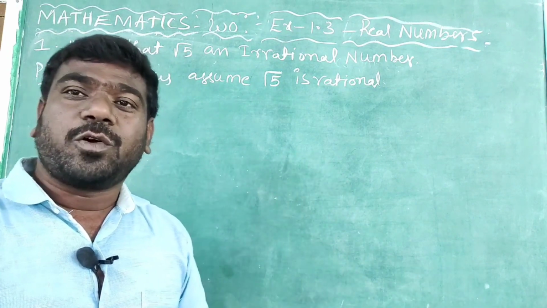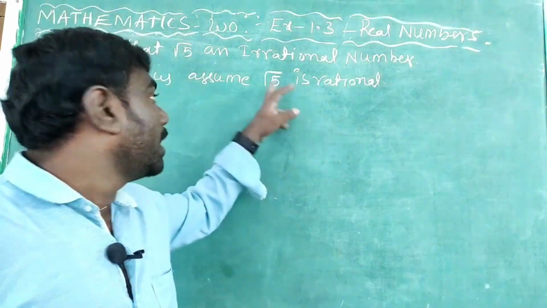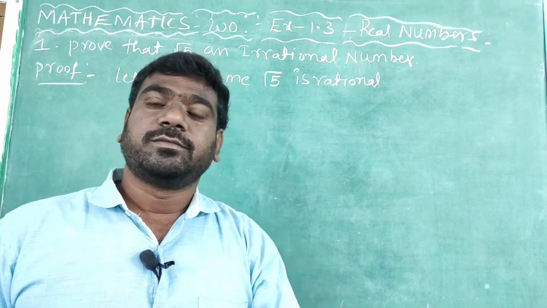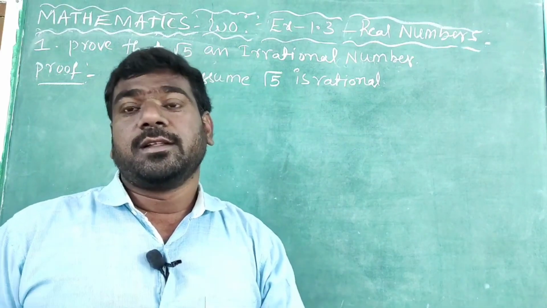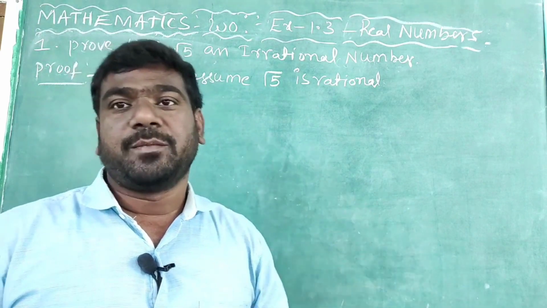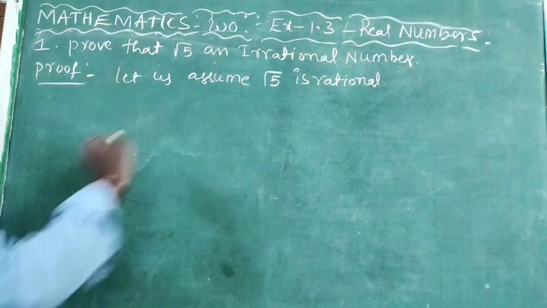What is the meaning of co-prime here? p and q have no common factor other than 1. That is the co-prime condition. This co-prime condition holds for rational numbers. Now let us check whether it is satisfied or not.